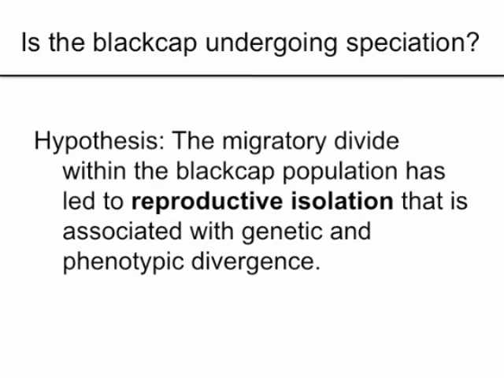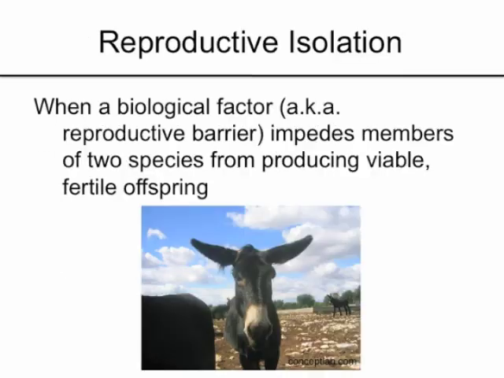Okay, so what is reproductive isolation after all? When a biological factor, such as a reproductive barrier, impedes members of two species from producing viable, fertile offspring, this is what's considered reproductive isolation. So it's some kind of barrier that impedes members of two species from producing viable, fertile offspring.